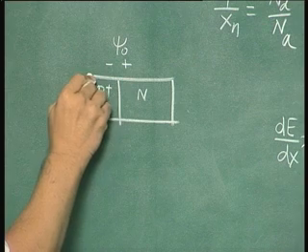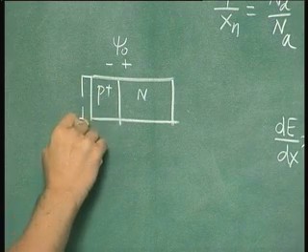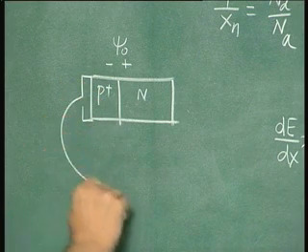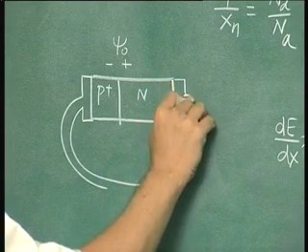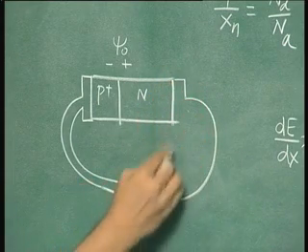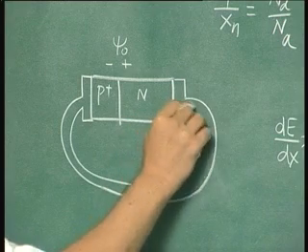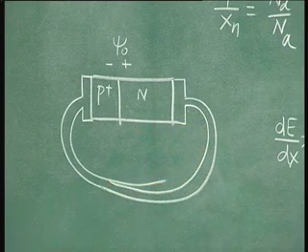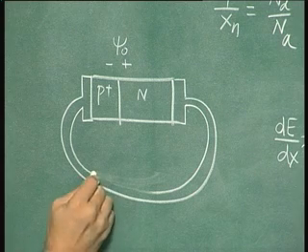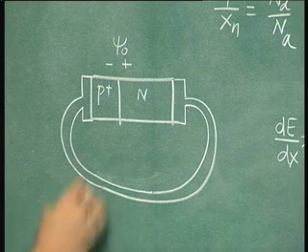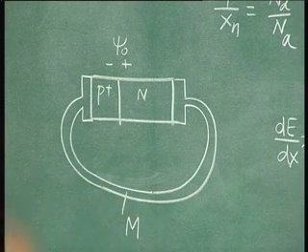Why? Because supposing we join, let us say some metal we use for connecting this region to the other region. So this is some metal.